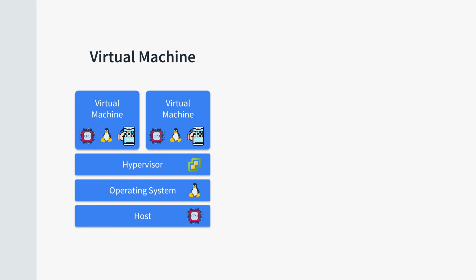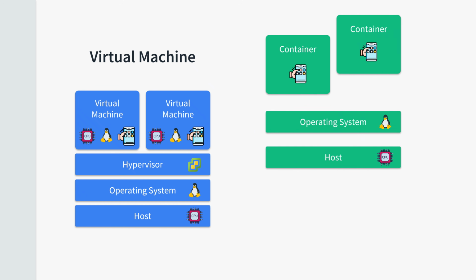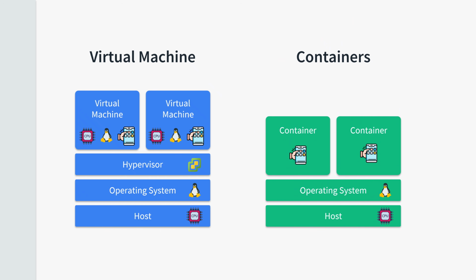A container, on the other hand, works differently. There's no hypervisor and no virtual hardware. In some cases, a container might look like it has its own full operating system. This is because they often contain some components that are common to operating systems, such as a command line, shell, or terminal.